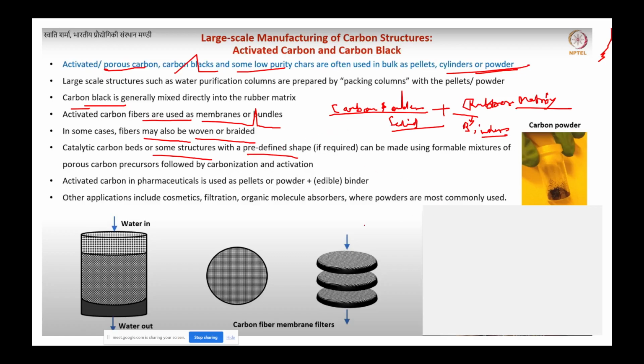So, here what it is saying is that suppose you want some shape or some structure, suppose you want a carbon bed or any kind of structure, then you have to make it using a formable mixture of porous carbon.